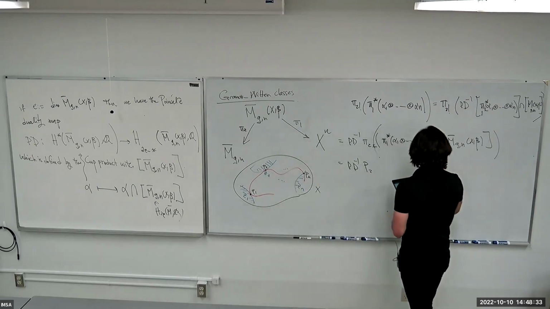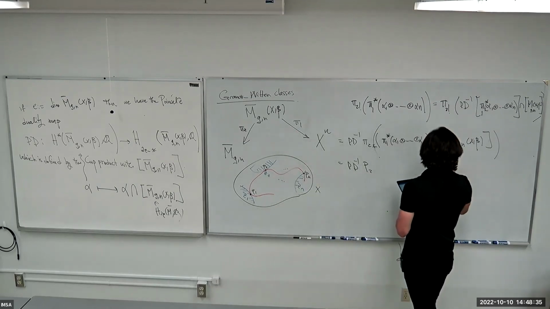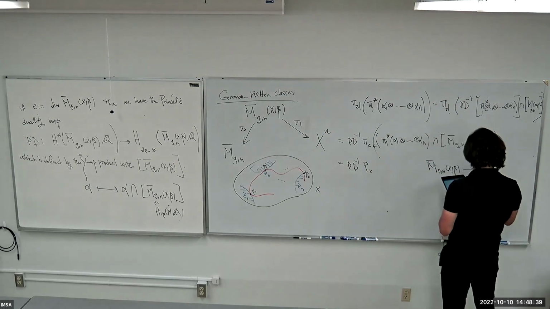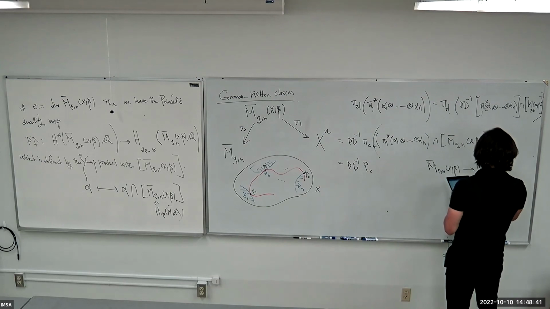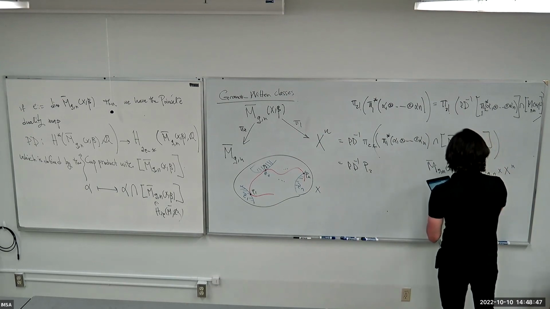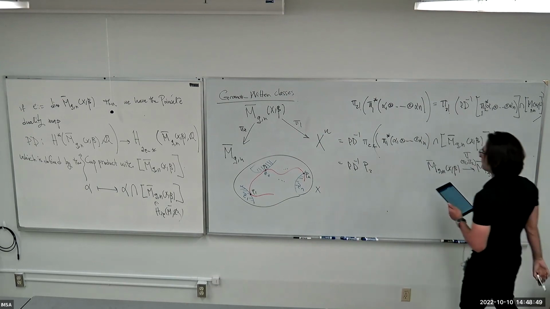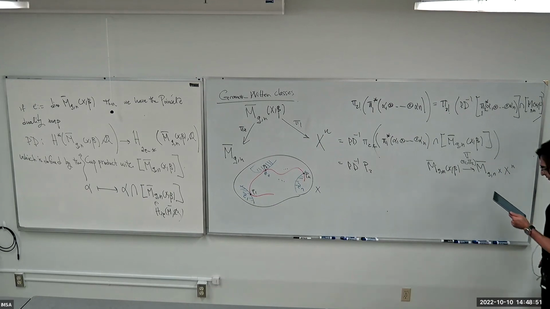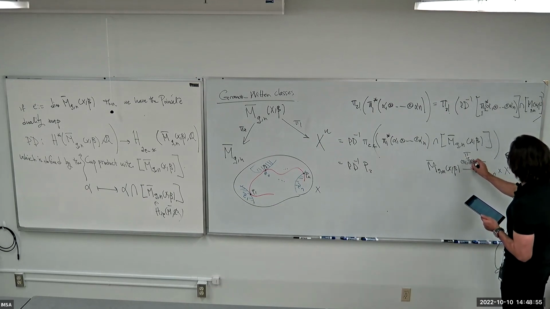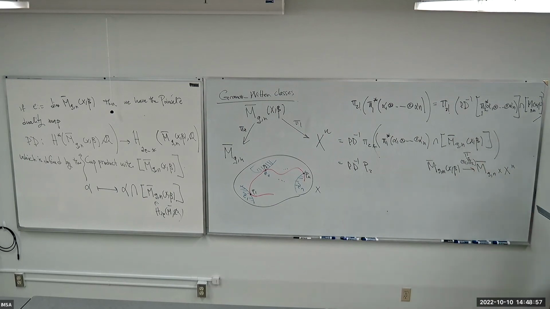So this is M bar g,n times beta going to M bar g,n times X^n. This is the map pi_1 and pi_2, which is our map pi. And I call this map pi, the tuple, like that.